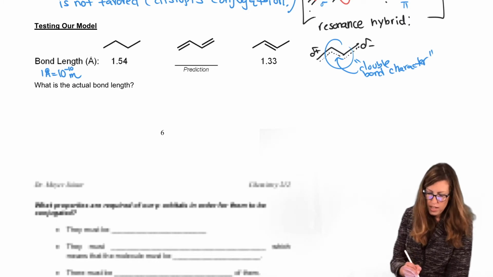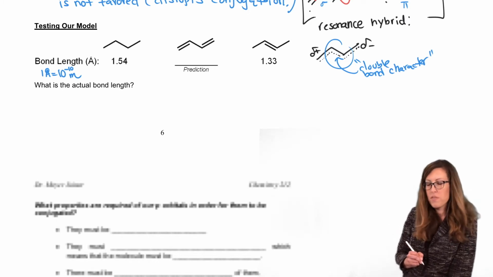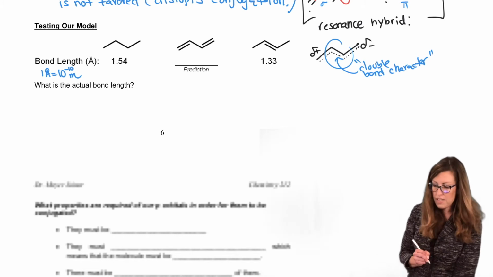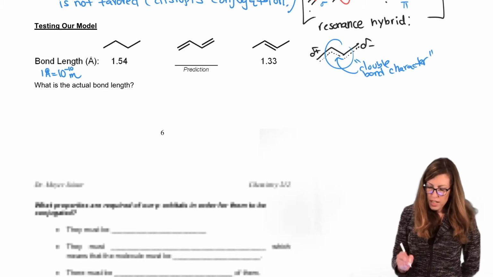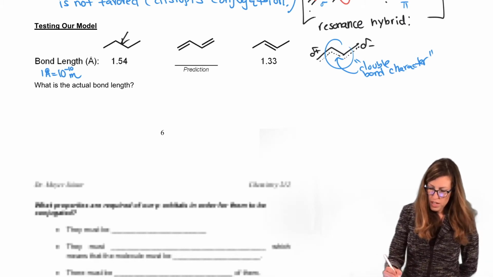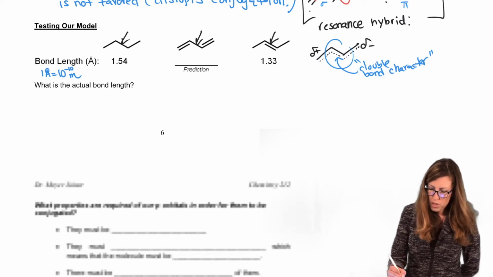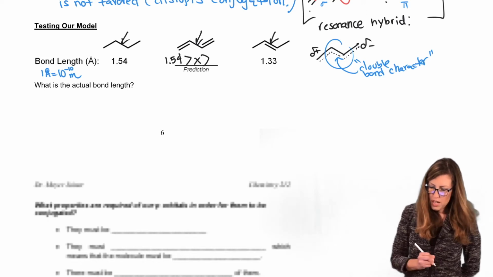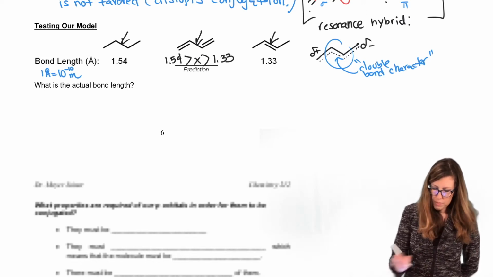So if we say, okay, I believe there's resonance, even if it's the small contributor, it's there nonetheless. That means the bond length, we're talking about this bond right here, is going to be somewhere between 1.54 angstroms, we'll call it X, and 1.33 angstroms.